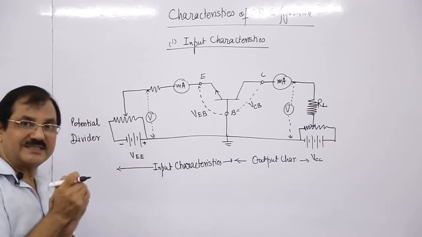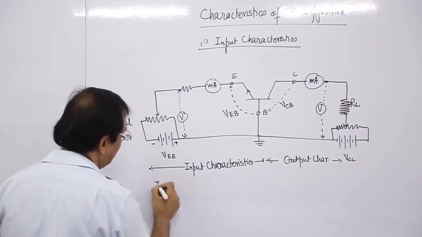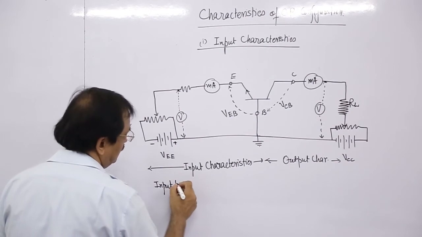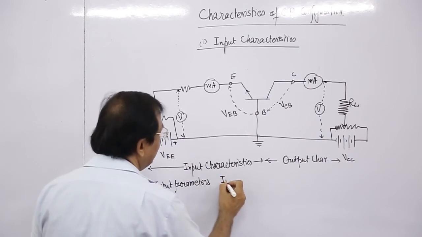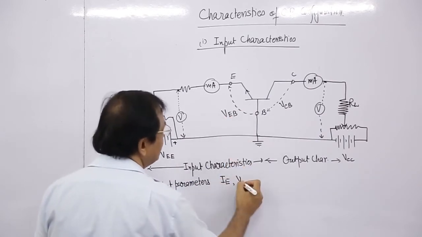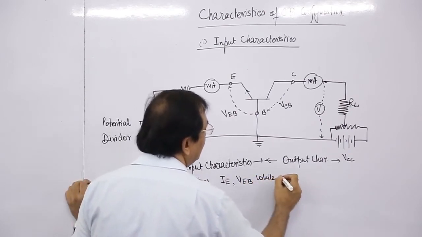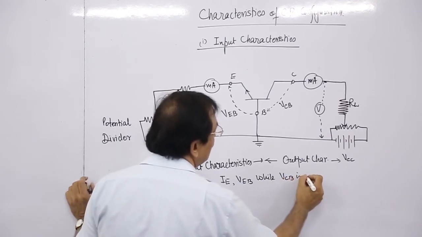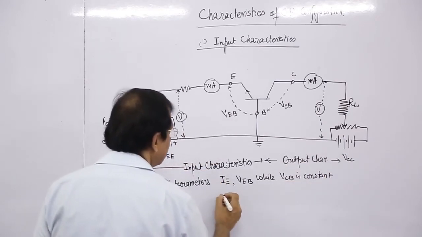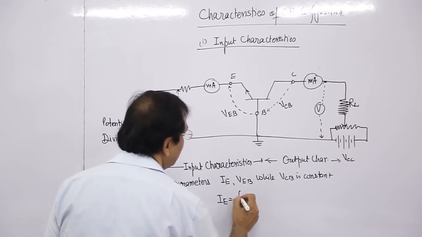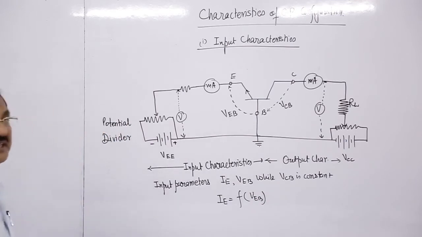So for input characteristic, the input parameters are IE and VEB, while VCB is constant. That is, you can say IE is a function of VEB.